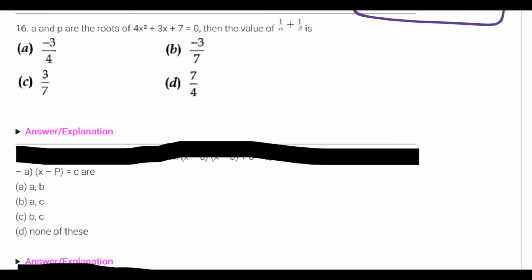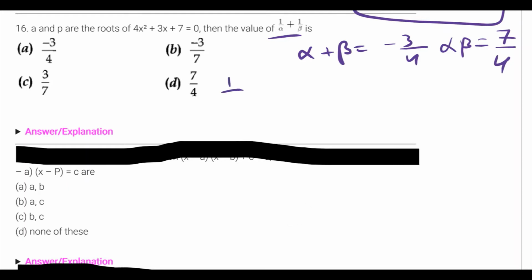16th question. Alpha and beta are the roots of the given equation, then find the value of 1 by alpha plus 1 by beta. So these are the reciprocal roots. Alpha plus beta equals minus 3 by 4, and we have alpha beta equals c by a is 7 by 4.